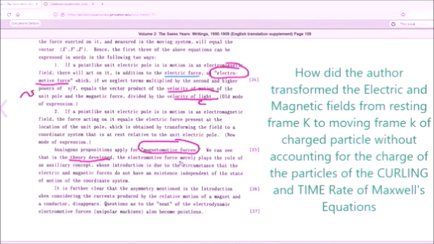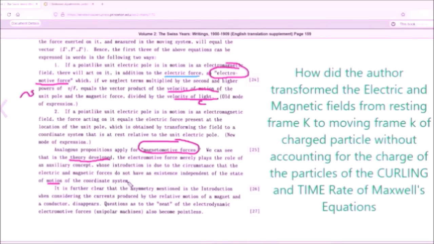The electromotive force merely plays the role of an auxiliary concept whose introduction is due to the circumstance that the electric and the magnetic forces do not have an existence independent of the state of motion of the coordinate system. In another way, the electric force and the magnetic force do not exist unless there is motion of the coordinate systems.